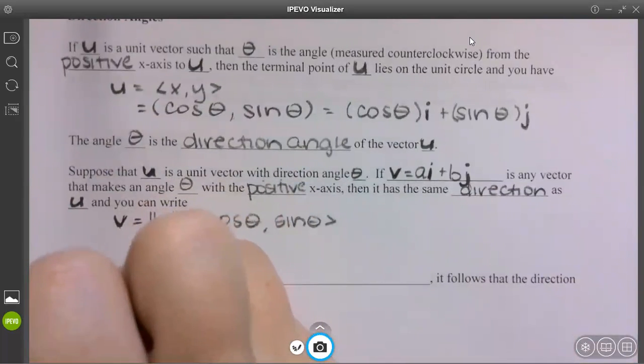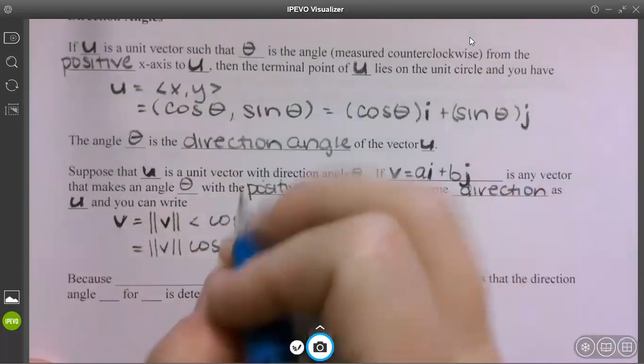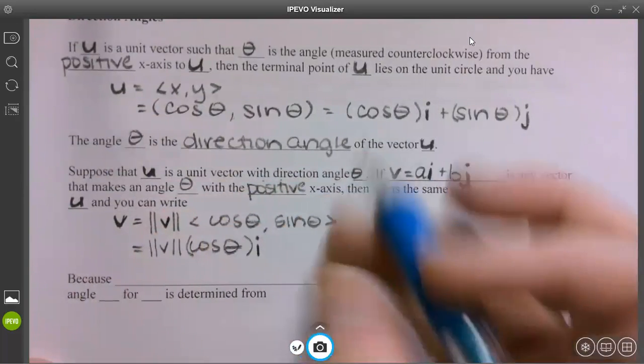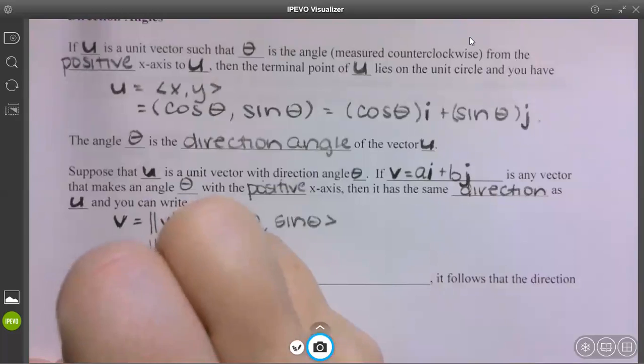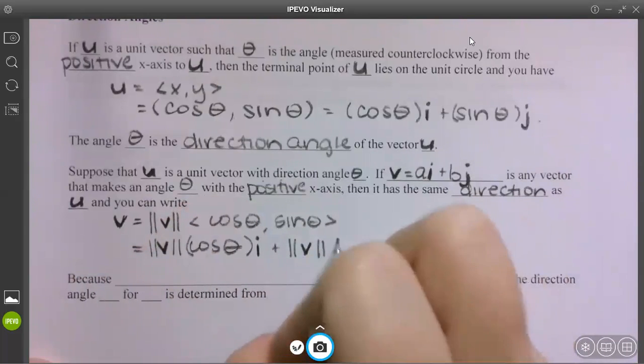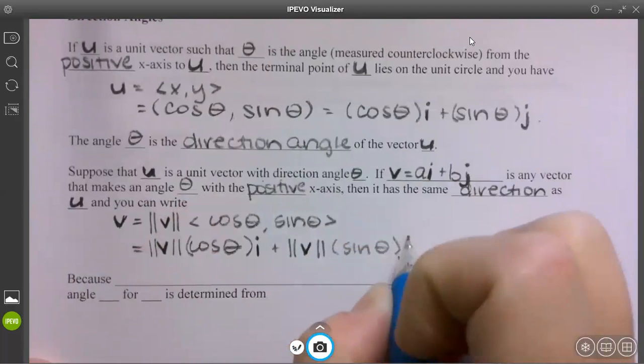So then we would have the magnitude of V cosine theta I plus the magnitude of V sine theta J.